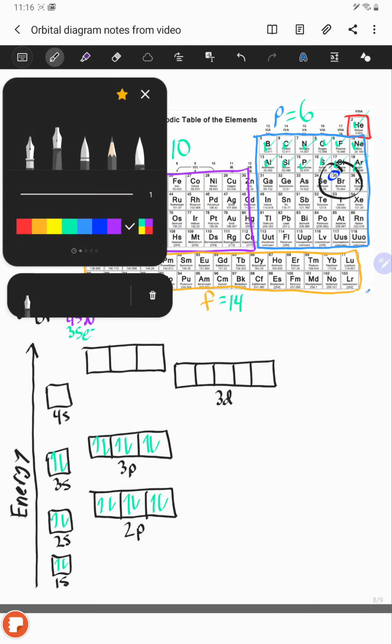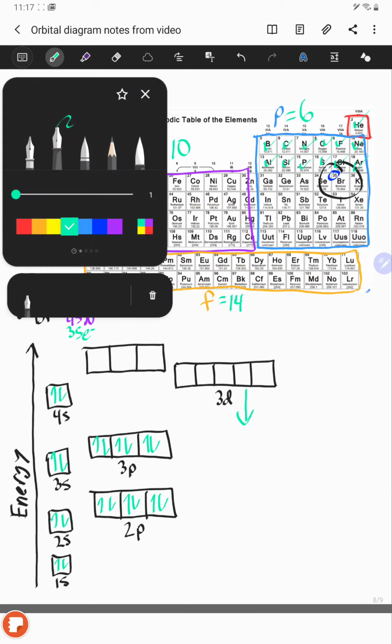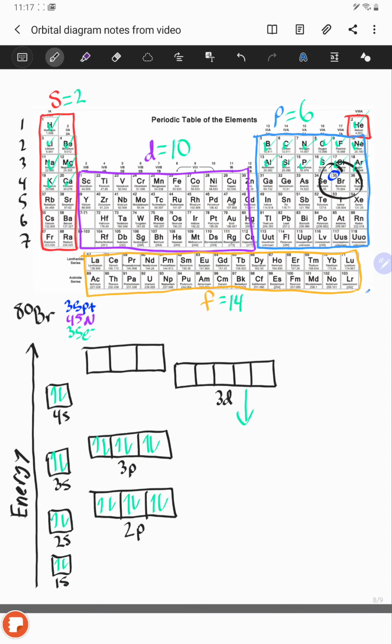All right, so the 4s is going to get filled in. Check off where we're at on the periodic table, so we can add 2 electrons there. And then boom, the 4s just got filled in. So now that causes the 3d orbital to shift down. So let's draw that 3d orbital shifted down.